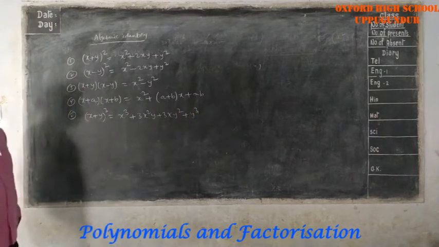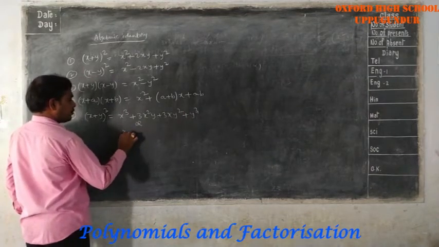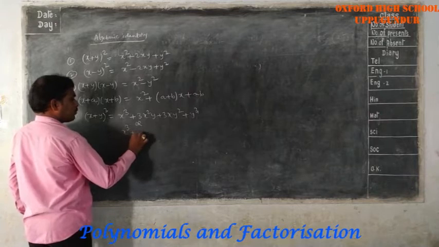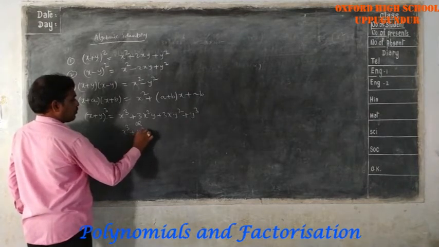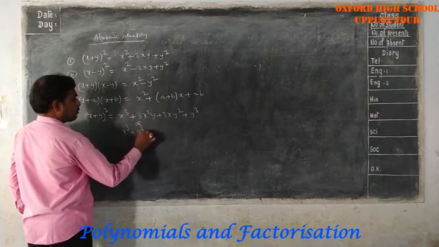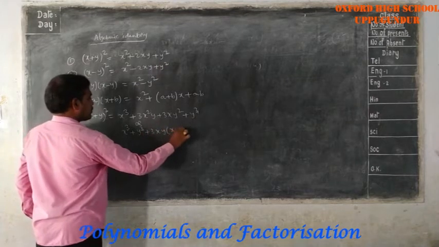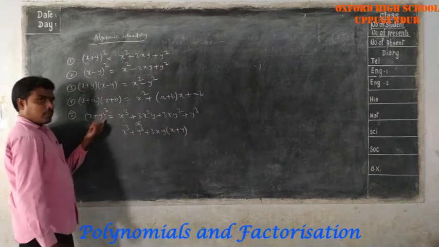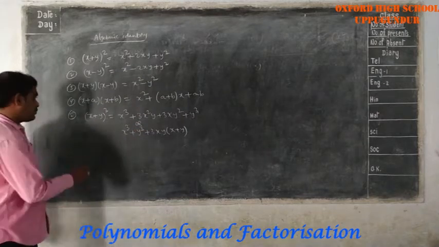This is the (x plus y) whole cube formula. This we can write in another way also: x cube plus y cube plus 3xy of (x plus y). In both ways you can write.